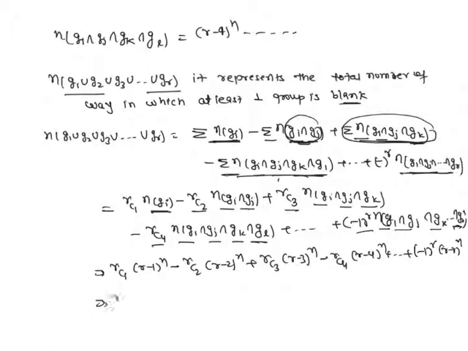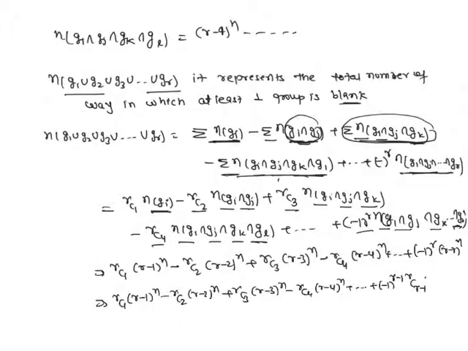So this formula we can write as rC1 (r−1)^n − rC2 (r−2)^n + rC3 (r−3)^n − rC4 (r−4)^n + ..., plus. The second last term is (−1)^(r−1) rC(r−1) into 1^n, plus 0.